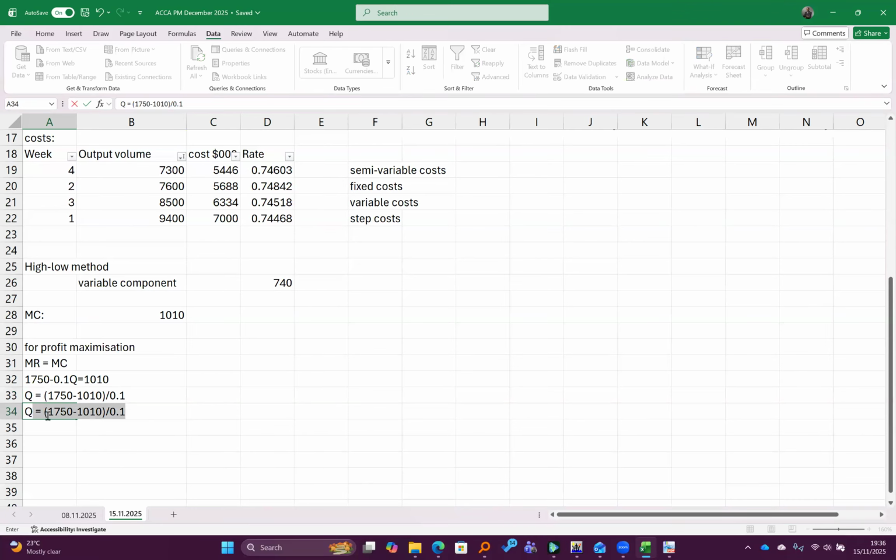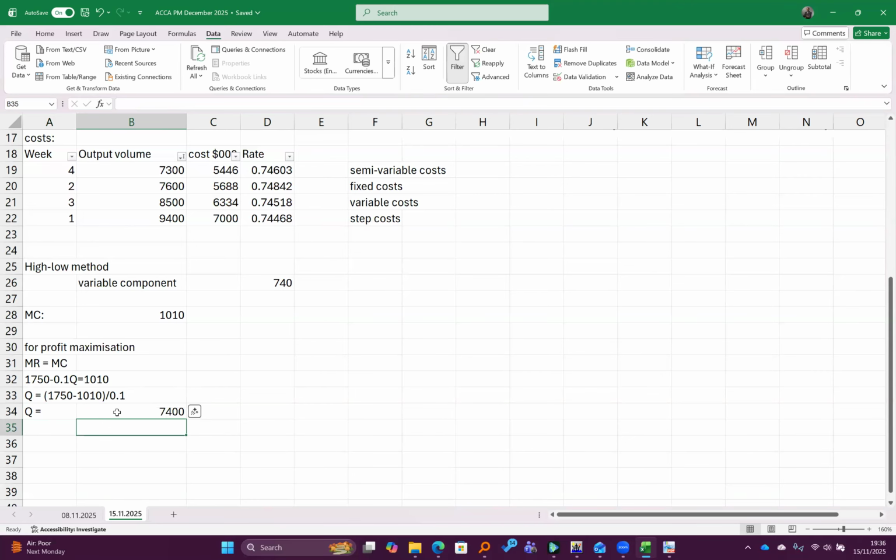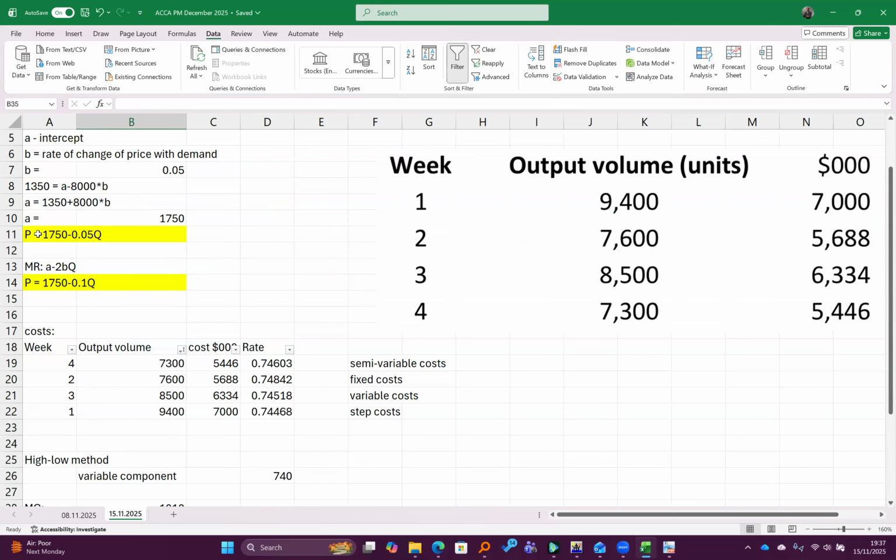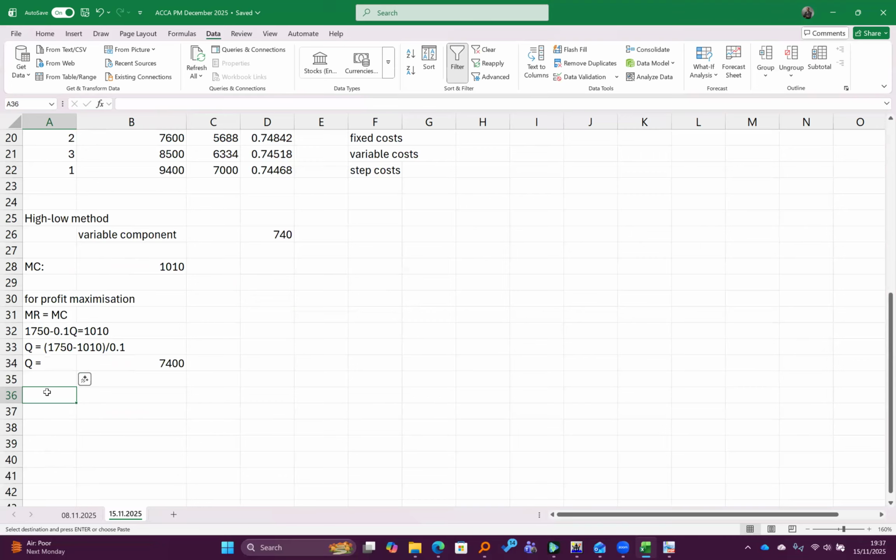So Q is equal to 7,400. So after knowing the Q, then you can now bring this price back, so that you want to find what is the price in this case.